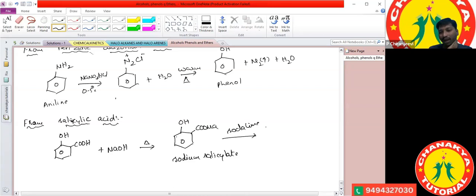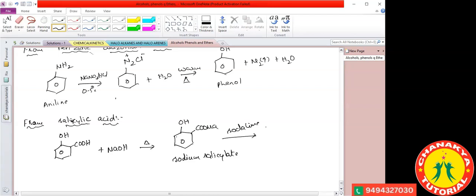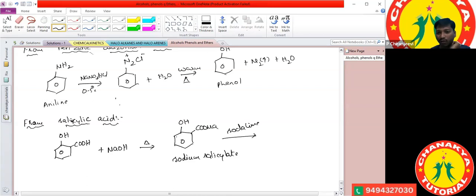What is meant by soda lime? Sir, NaOH. Very good. It is a mixture of NaOH and CaO. A mixture of sodium hydroxide and calcium oxide is called soda lime.